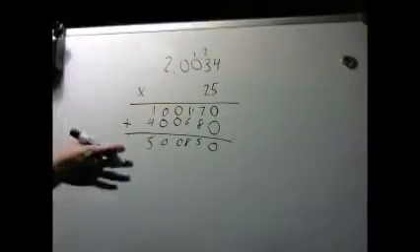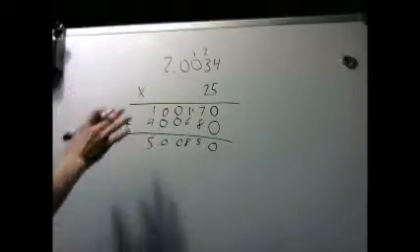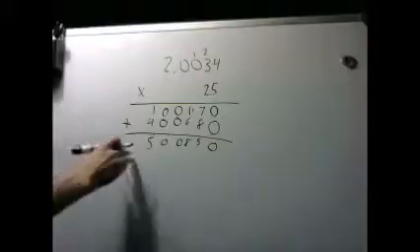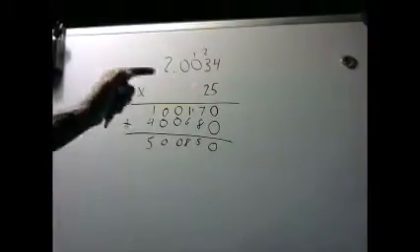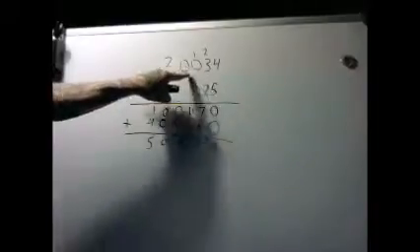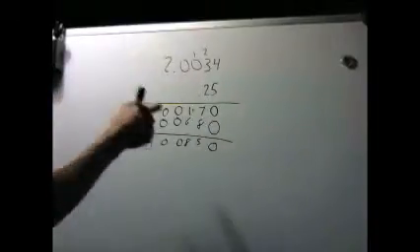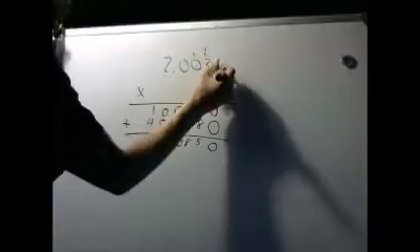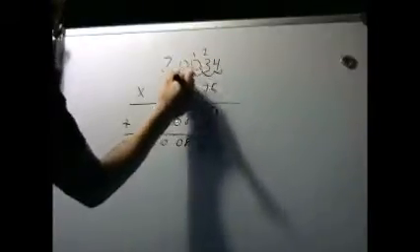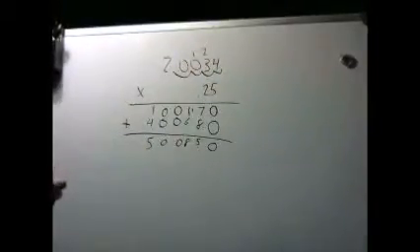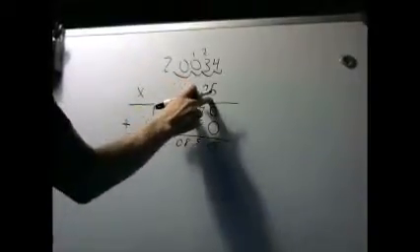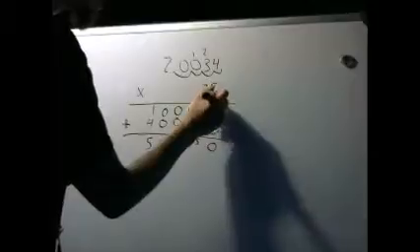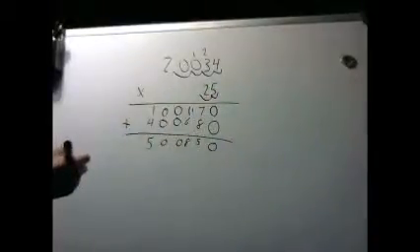Now, where then do we translate our decimal places to this value? Well, what we do is we just simply count the number of decimal places that we have. So we have 1, 2, 3, 4 decimal places. And then we're going to add that with the number of decimal places we have in the second number, which is 1, 2.